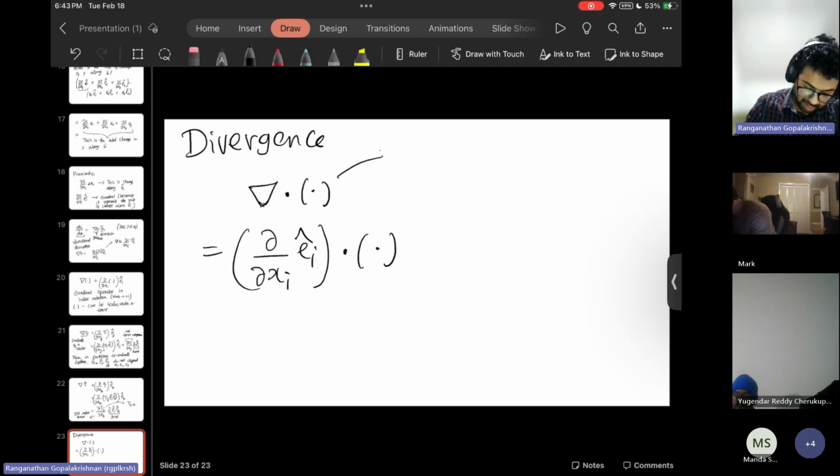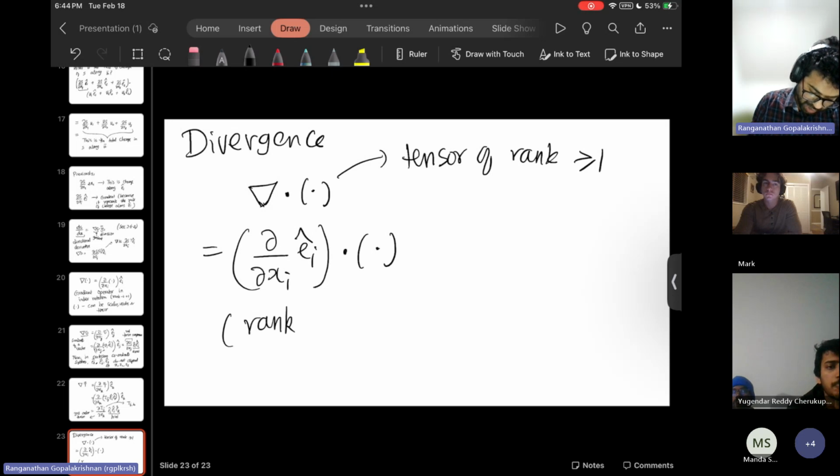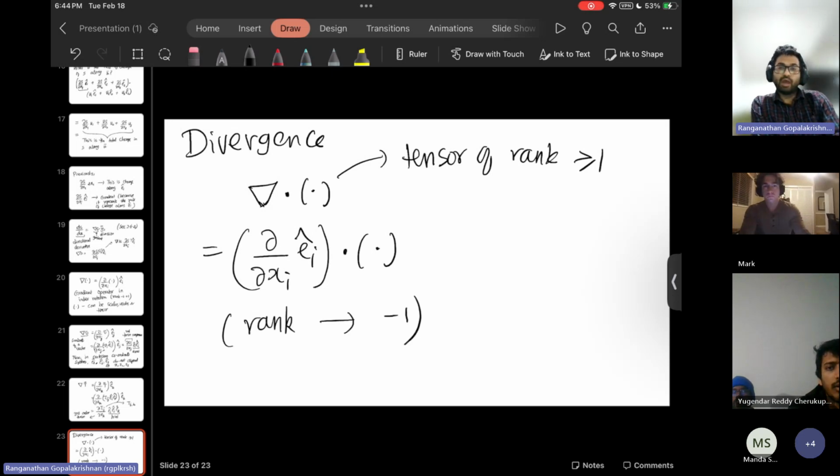Clearly, that something can only be a tensor of rank greater than or equal to 1. It can be a vector or second order tensor, but it can't be a scalar. And usually divergence leads to the reduction of the rank by 1. So if you operate it on a vector, you get a scalar. On a tensor, you get a vector, and so on.